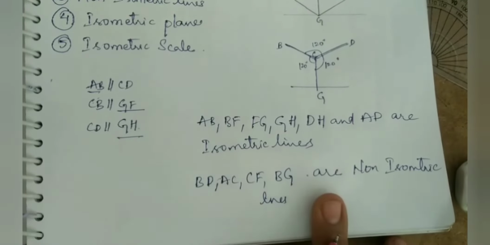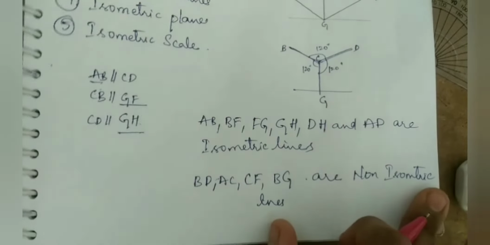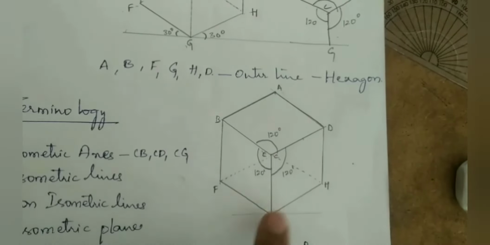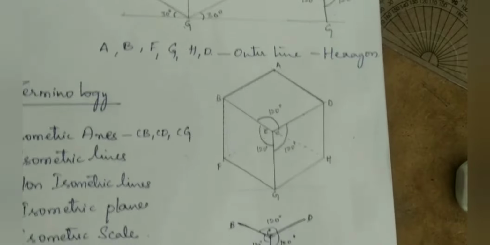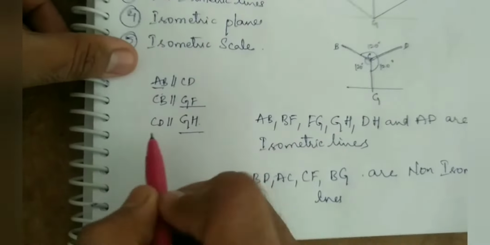The next one, what are the isometric planes? I'll explain it here, keeping this picture in view, and I'll make a note.